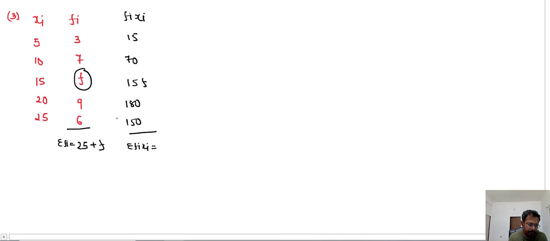The mean is already given to you, and the formula for the mean is sigma f_i x_i upon sigma f_i, the direct method. In our case, the mean is 16. So 16 is equal to 415 plus 15f upon 25 plus f, so cross multiply.